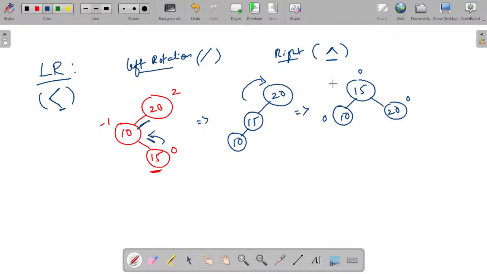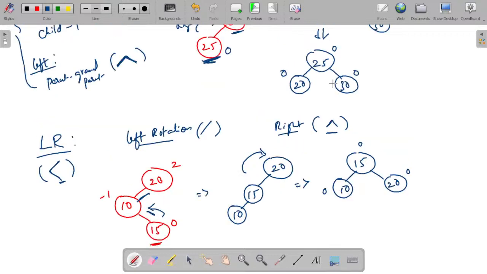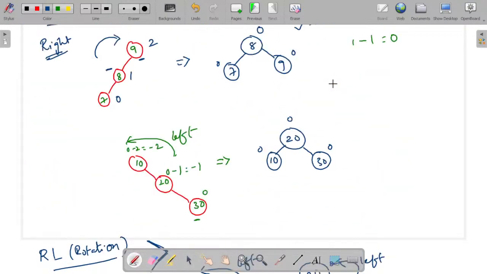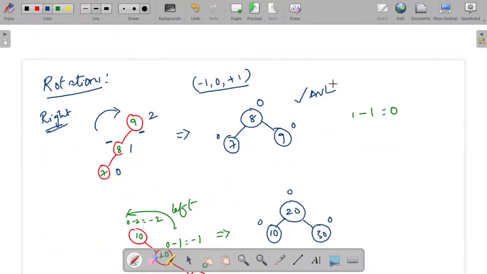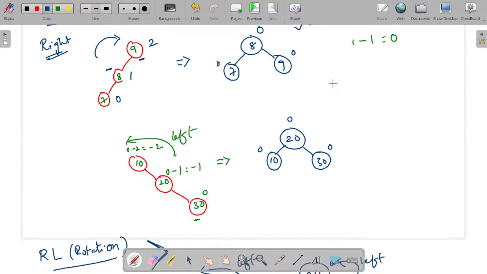These rotations are very important to understand AVL tree. Do understand this, and if you have any doubts in them, please ask the questions so that I can answer them. So this is right rotation and this is left rotation. Right rotation is performed when the new node is inserted as the left child to the left subtree and it is pushed to the right side, and left rotation is performed when a new node is inserted as right child to the right subtree.